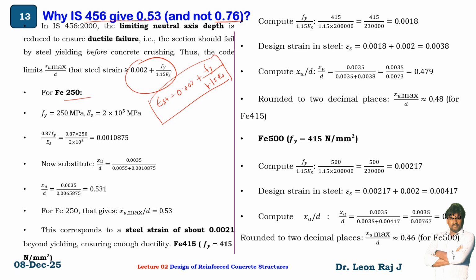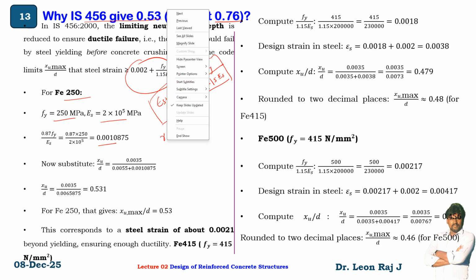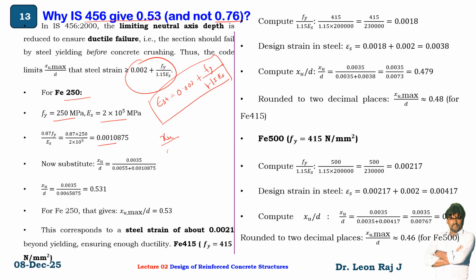So this is Fe 250, Fy equal to 250, Es equal to 2 into 10 to the power of 5. So 0.87 Fy divided by Es equal to 0.001, and Xu by D is equal to epsilon st. Just substitute this value and you will get 0.531.